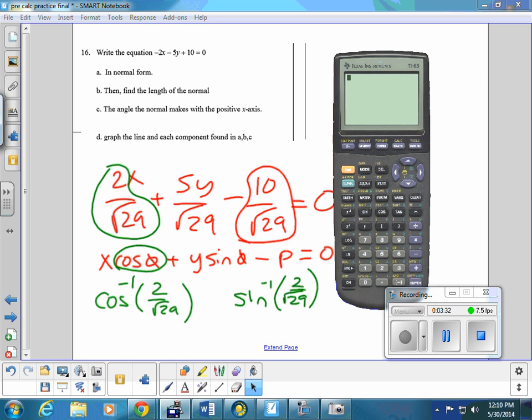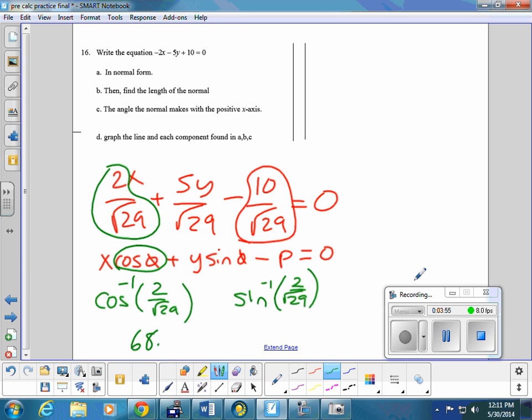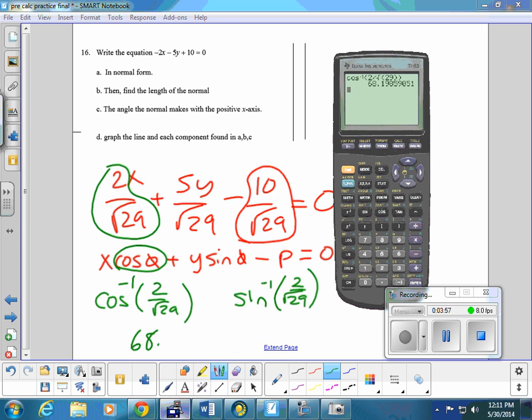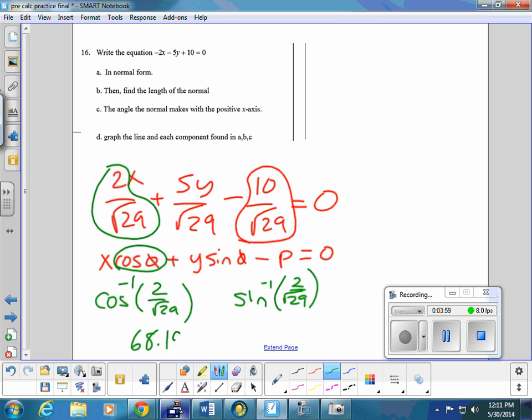Then second cos of 2 divided by radical 29 is 68.1985 degrees. Okay, so it's about a 68 degree angle, theta.